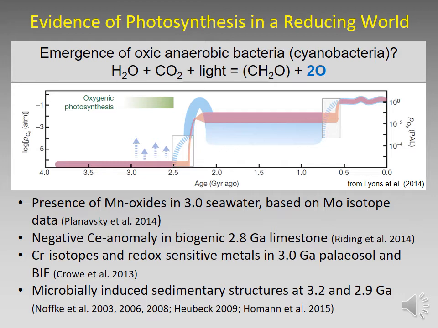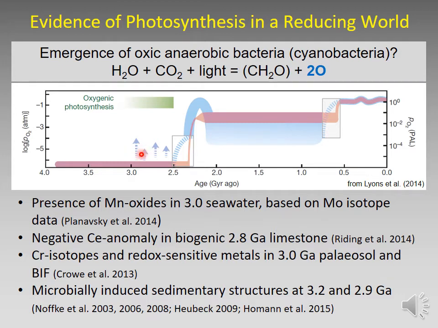So a whole bunch of independent studies revealed what we very often refer to as the first whiffs of oxygen. So this first little bit of oxygen produced by this first photosynthesis, oxygenic photosynthesis driving microbes, that these first whiffs of oxygen took place several hundreds of millions of years already prior to the great oxidation event here, possibly as early as 3.2 billion years.